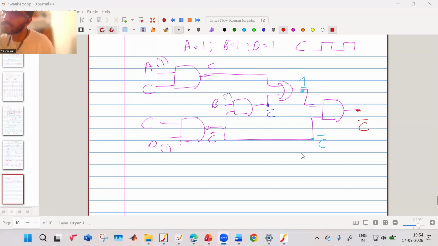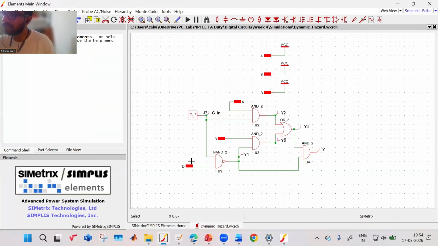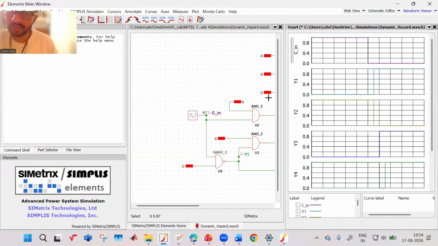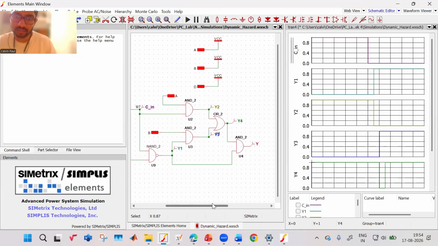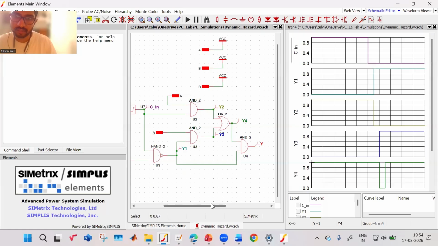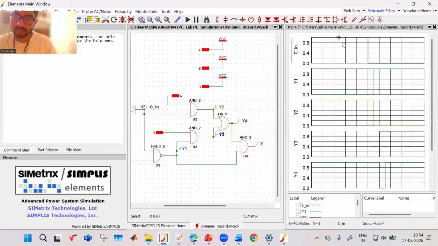Good. So now let us check in the circuit whether that is happening or not. You have your C, then all these are connected to 1. Let us simulate it and check. Your C is going from 1, 0.